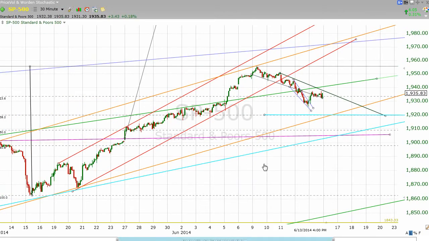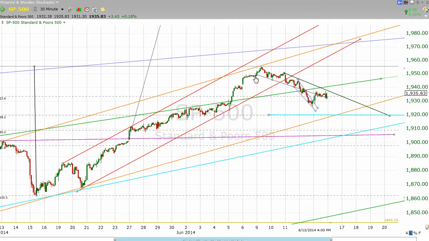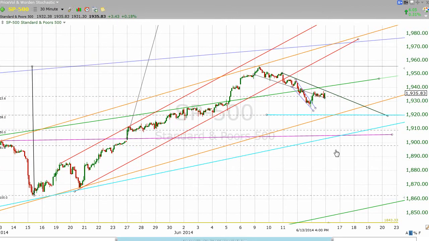But this week we're down. We're down over the week. We were up on Friday. I believe we were up marginally on Tuesday, but for the week we were down from about 1950 down to about 1935. Nothing much, less than 1%.